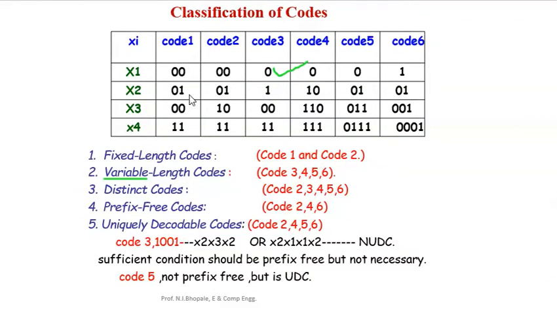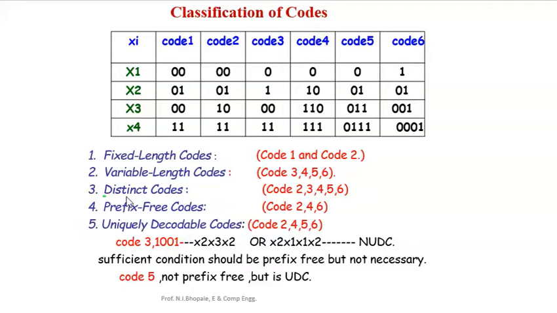Here you can observe that x1 has only one bit to represent it, x2 has only one bit, but for x3 it is 2 and for x4 again it is 2. So the number of bits used to represent each message is varying. That's why the variable length codes are code 3, code 4, code 5 and code 6. All these four codes are nothing but the variable length codes.